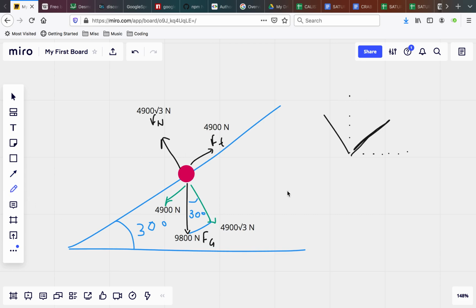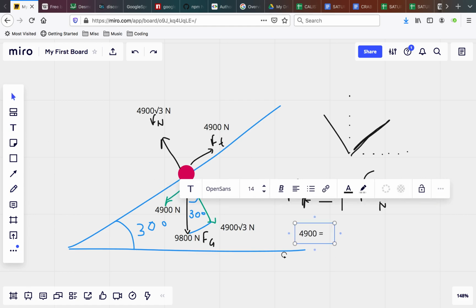And remember that F sub F is equal to mu F sub N. And then substituting in our numbers, I'll ditch the handwriting now because I can use the text.